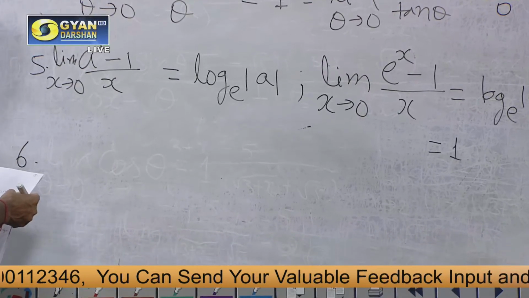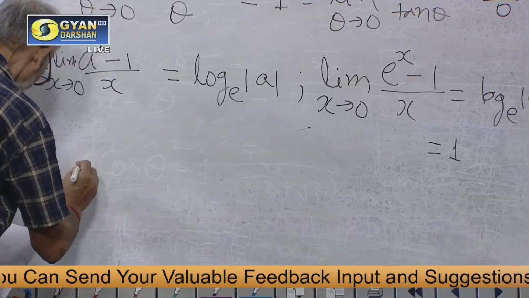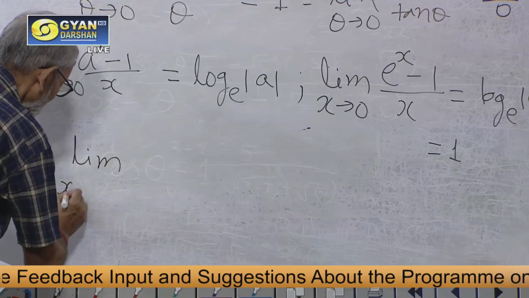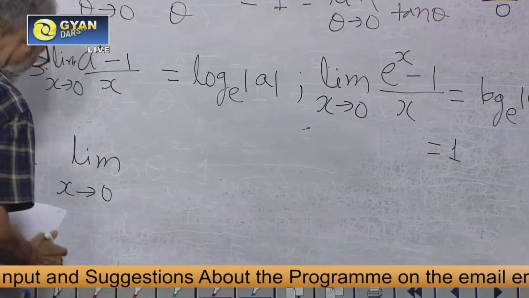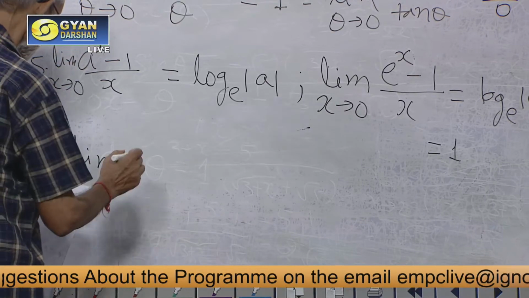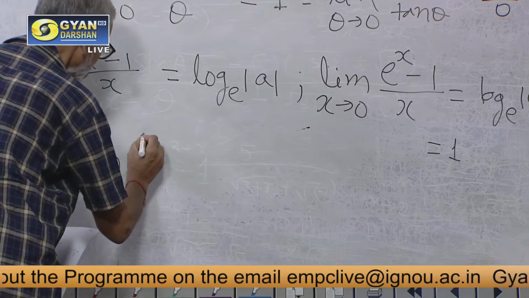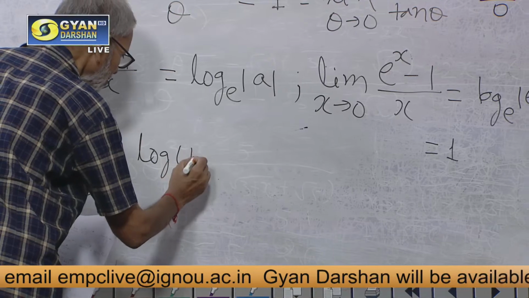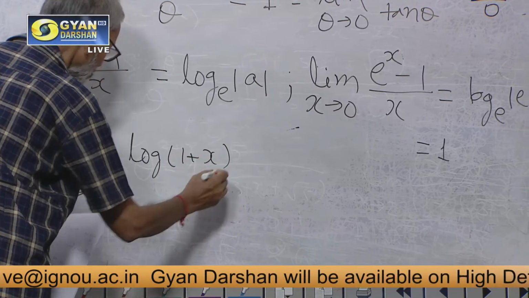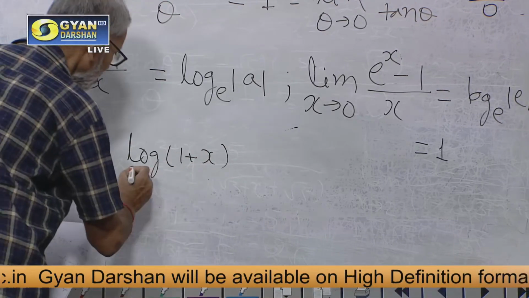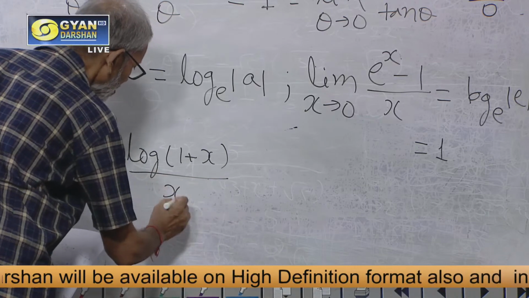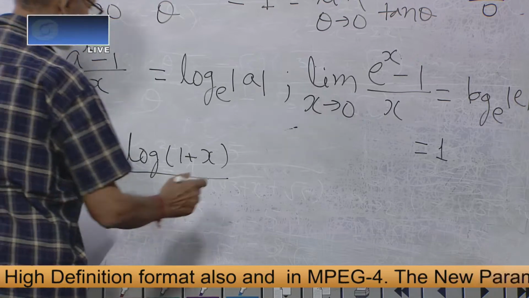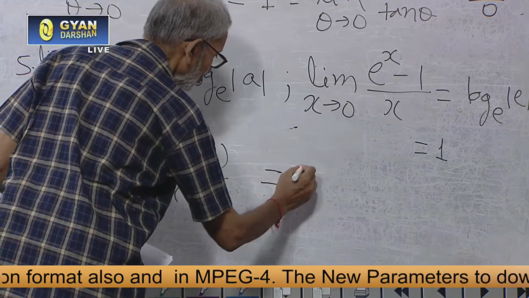Now, sixth one, limit x tends to 0, log of 1 plus x divided by x, this is equal to 1.